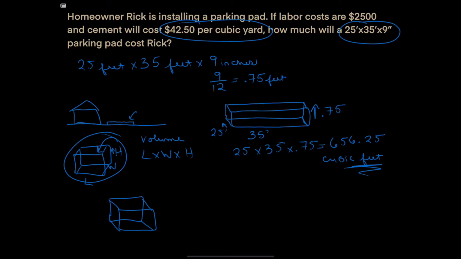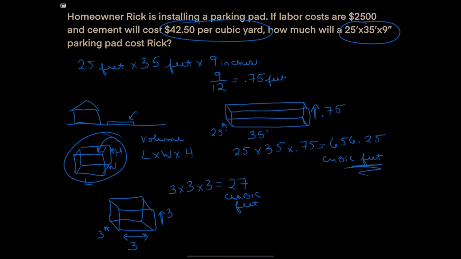You're going to go back 3 feet, it's going to be 3 feet wide, and it's going to be 3 feet tall. If we go 3 times 3 times 3, we know there are 27 cubic feet in a cubic yard.